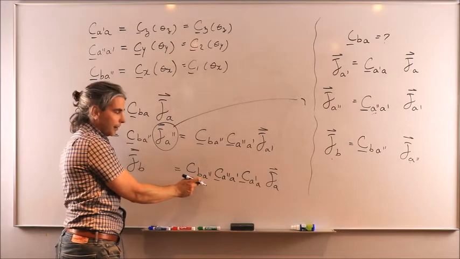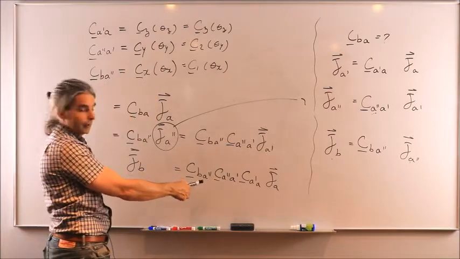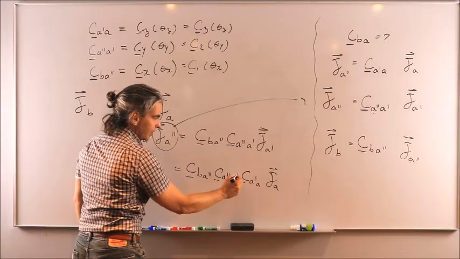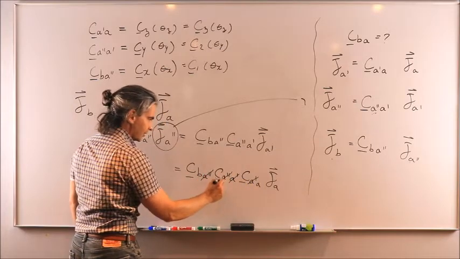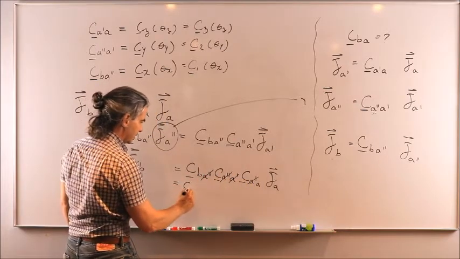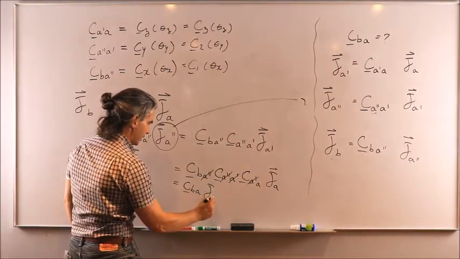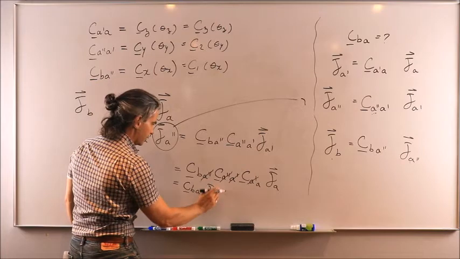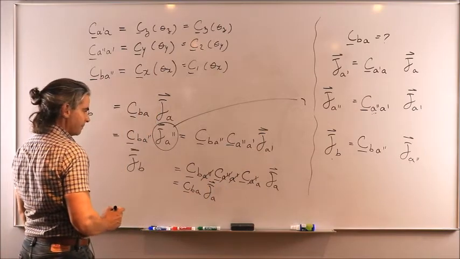Remember how we talked about merging rotation matrices together? Well, it works out here, right? The A prime subscripts cancel out, A double prime subscripts cancel out, and you're indeed left with C B A times reference frame A. So it works out.